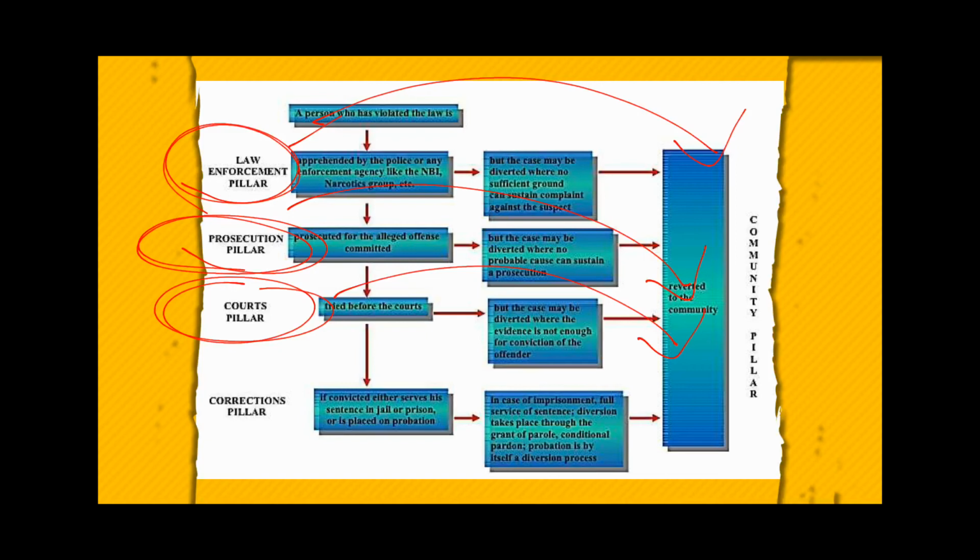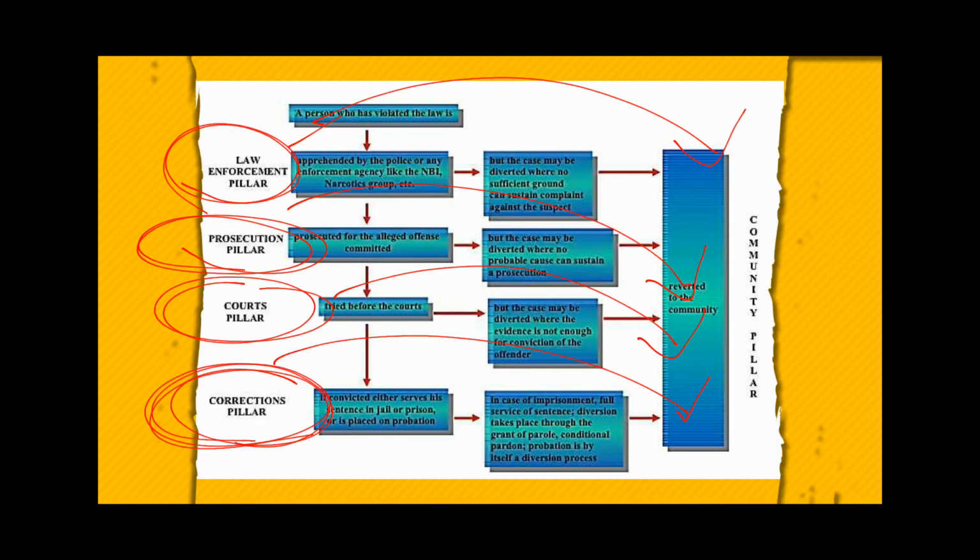And then if they are convicted, then they go to a corrections pillar. Ito na yung jail or rehabilitation centers, and eventually they will serve their time there, and if they live long enough for them to be able to serve their time, then we go to the community pillar. So the goal of the corrections pillar, the jail, is to rehabilitate the person, to re-socialize the person.